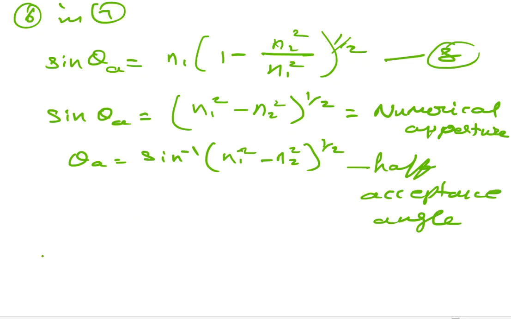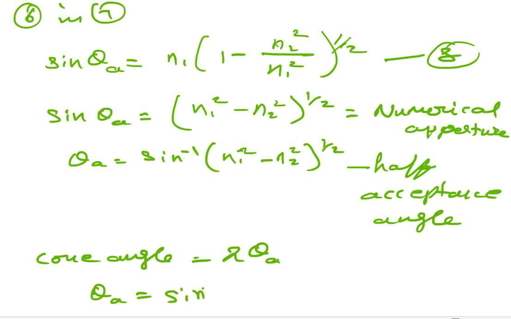Now the cone angle is 2 theta A. Now we can write theta A equal to sine inverse of numerical aperture.